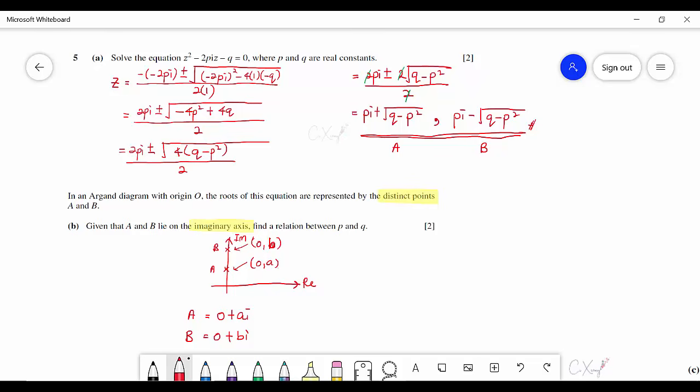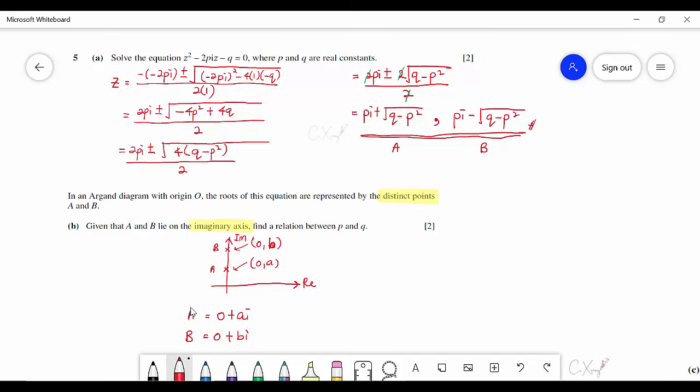If you want to fulfill what they tell us here, that both roots lie on the imaginary axis, you have to ensure that when you rephrase everything in your root A, the final answer will be 0 plus ai. That means the real part must be 0, and then only you have value at the imaginary part. The same thing happens for point B, or the root B.